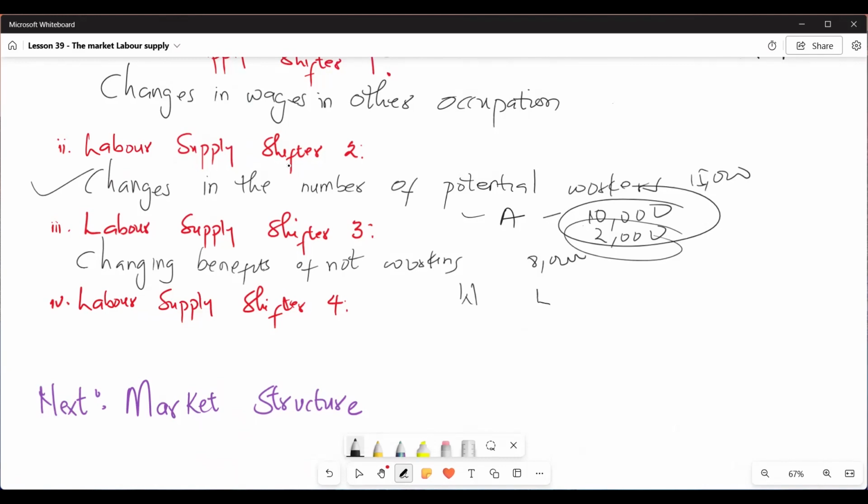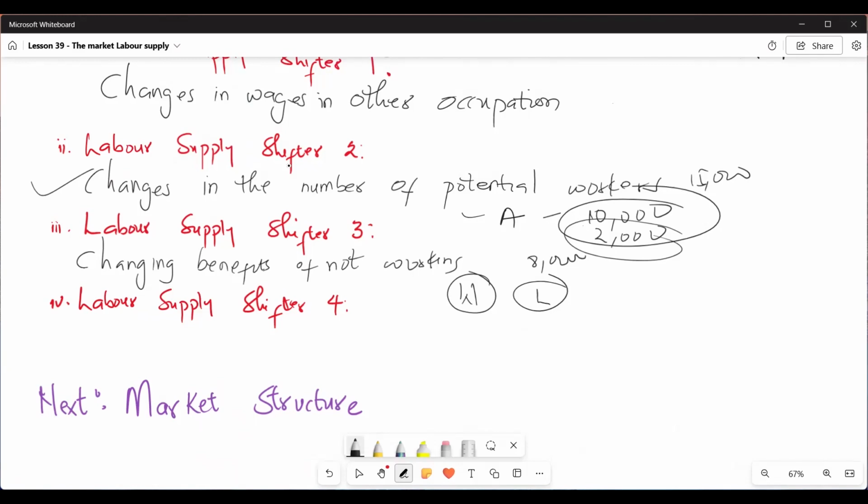You typically have 24 hours in every day to either work or not work. If we consider just two goods, working and not working, which is leisure, then if you are working, you are foregoing leisure. And if you are enjoying leisure, then you are foregoing the wage you would get if you were working.